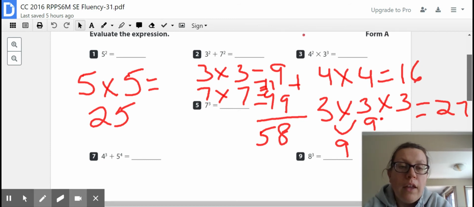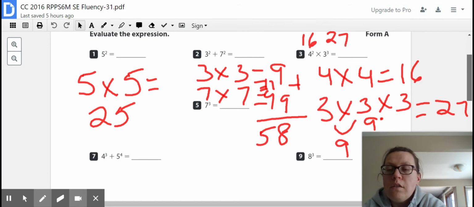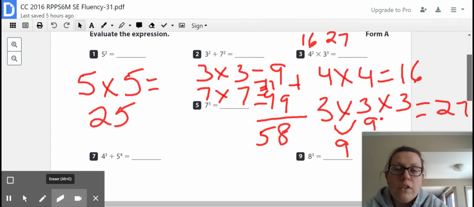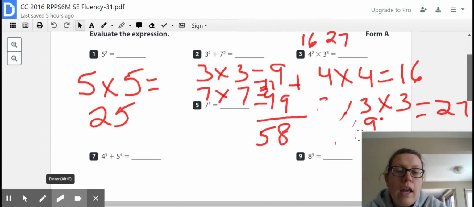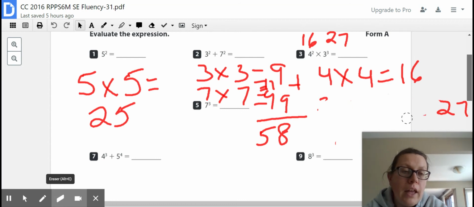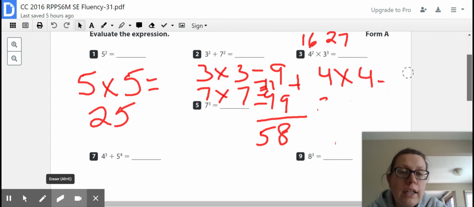We know that this is 16 and this is 27, but then they want us to take those two numbers and multiply them together.